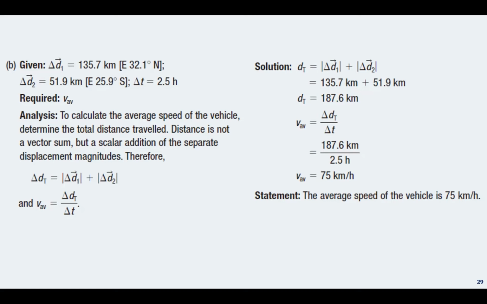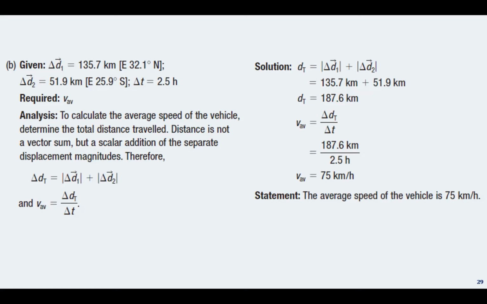So the total distance traveled of the vehicle is 187.6 kilometers. Then the average speed is this number divided by the total time used, which is 2.5 hours. And then the average speed is approximately 75 kilometers per hour. So we can make the statement, the average speed of the vehicle is 75 kilometers per hour.